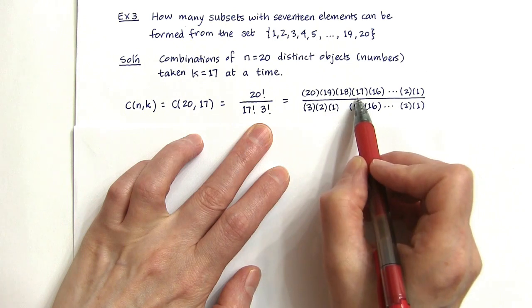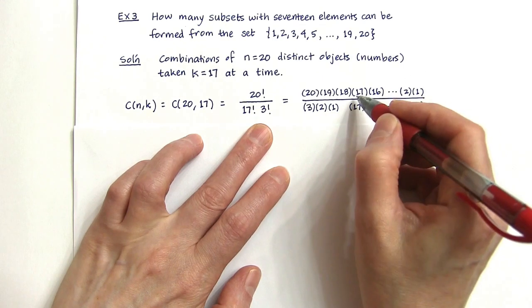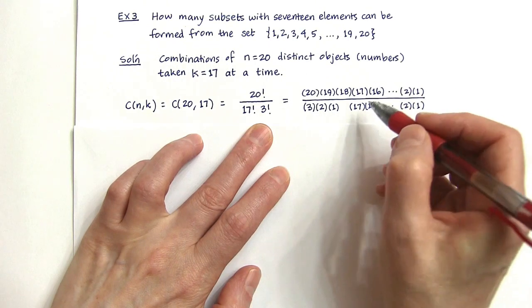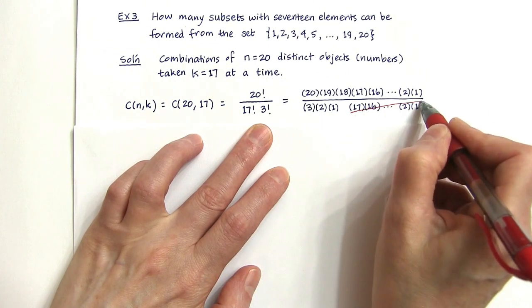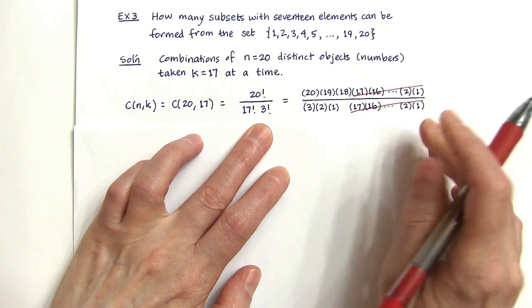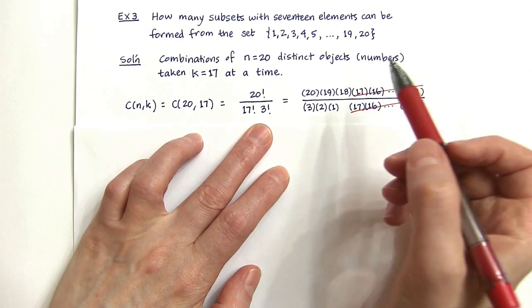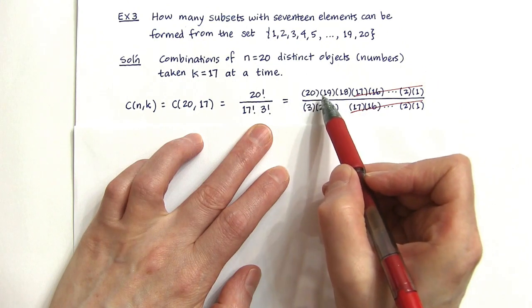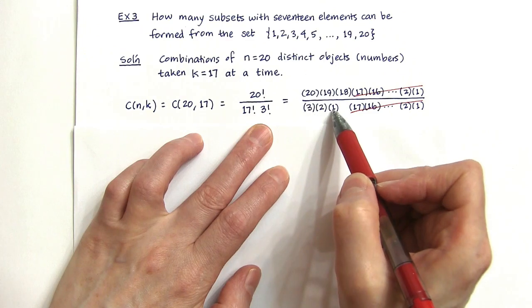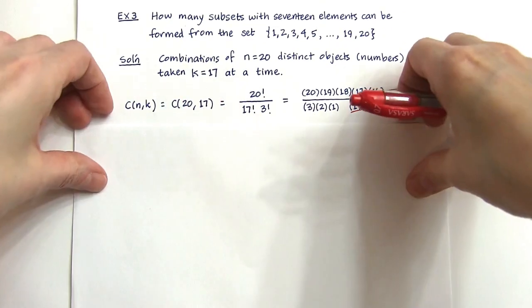And I like to cancel the larger number because it leaves me with less numbers in the numerator and denominator when I'm done. So the 17 factorial in both the numerator and the denominator will cancel out, which leaves me with 20 times 19 times 18 in the numerator and 6 in the denominator, like this.